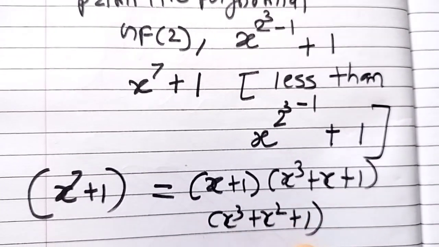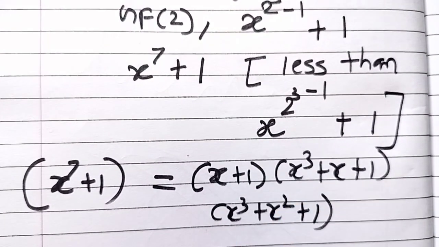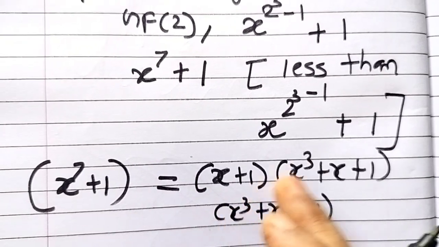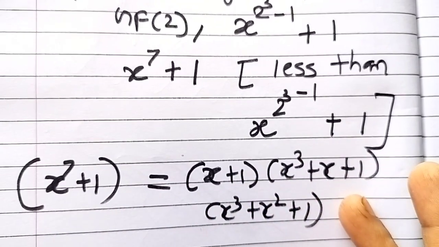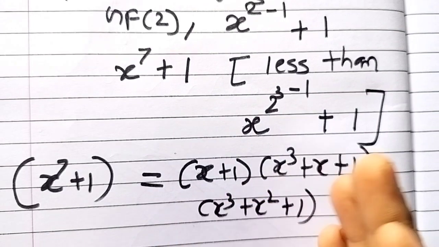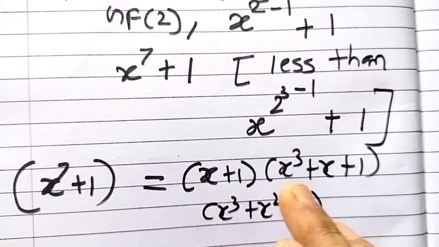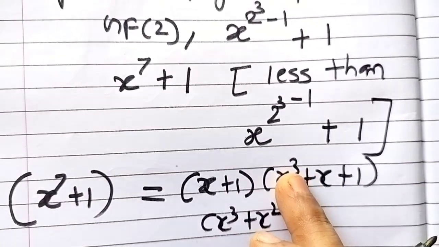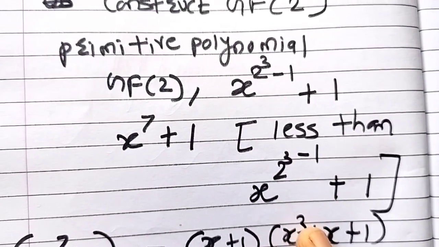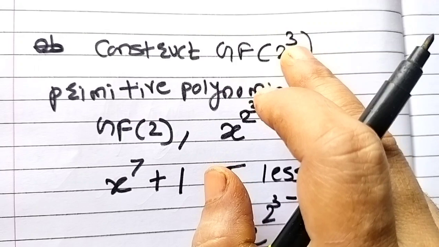So why have we obtained the factors? If you multiply these two, that will give you x raised to 6, which will be the other factor, but we have modified the factors such that we are getting the power 3, because we have to construct 2 raised to 3.